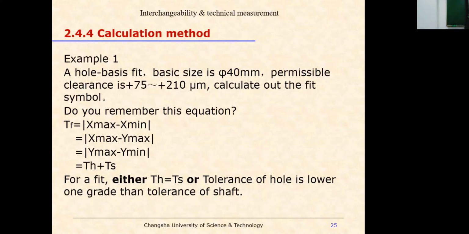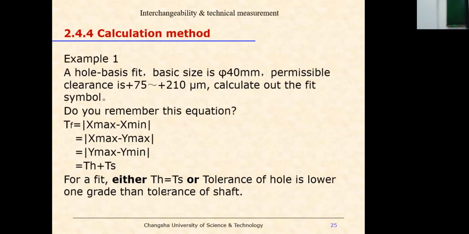That's the condition for fit. The tolerance of the hole is lower than the tolerance of the shaft. That's the principle of how to design the grade.